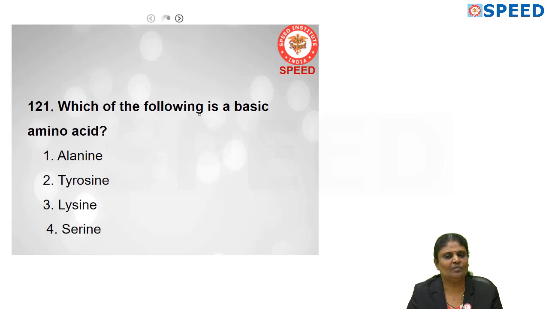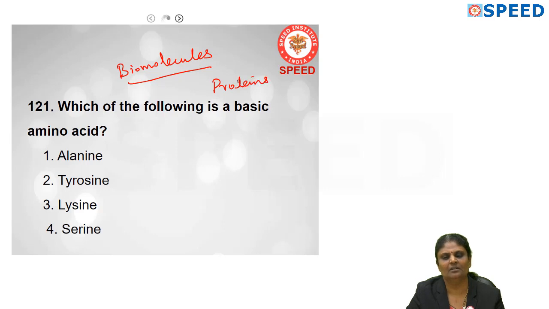And then which of the following is a basic amino acid? Again this is also from the biomolecules chapter. So the first question is also from the biomolecules. That is from carbohydrates and this is from proteins. So the amino acids classification is of various types, and the main types are essential, semi-essential and non-essential.